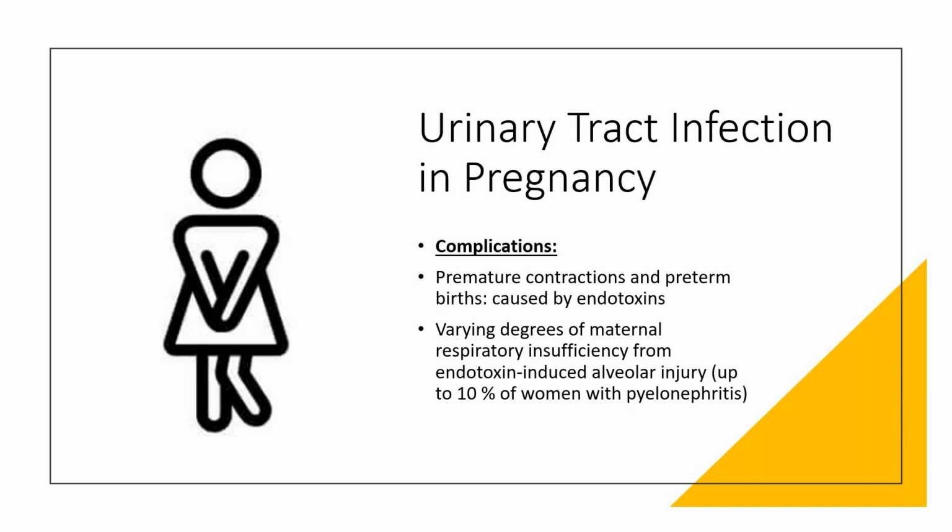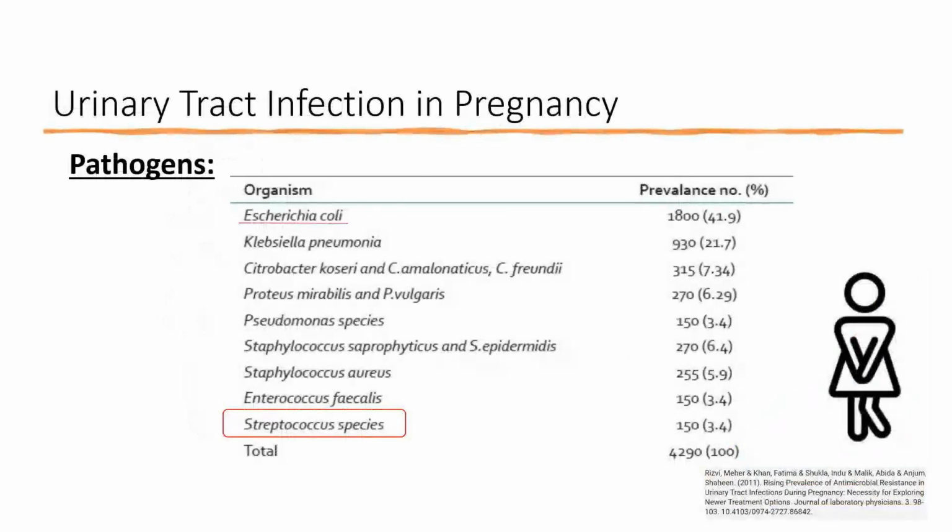It may cause premature contractions and preterm birth. It may cause respiratory insufficiency to the mothers. Usually, as we said, it's caused by E. coli, and the second bacteria usually involved is Klebsiella pneumoniae.